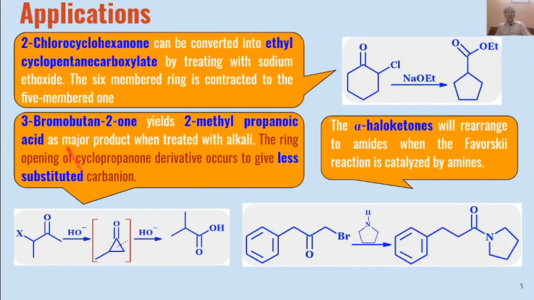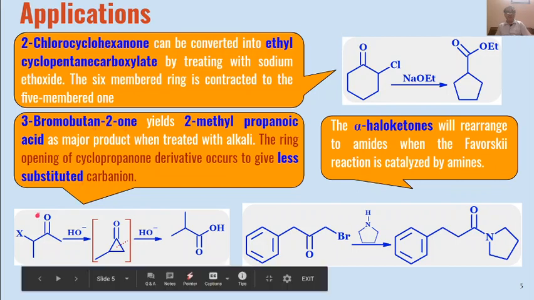Then another example is if we take 3-bromobutan-2-one, this one, and here X is bromide, and the product formed will be 2-methylpropanoic acid when this is treated with sodium hydroxide.